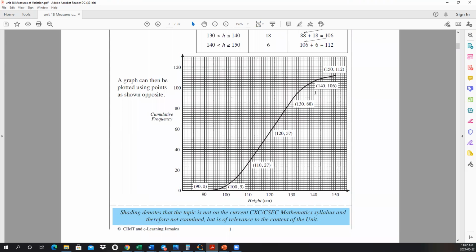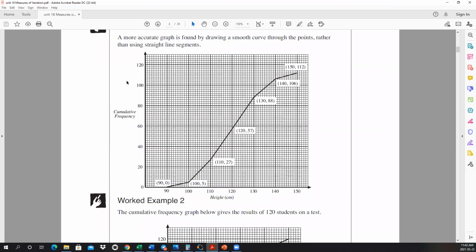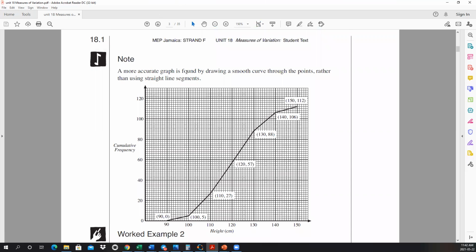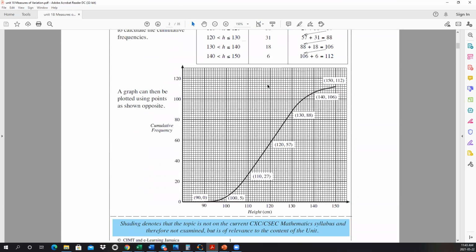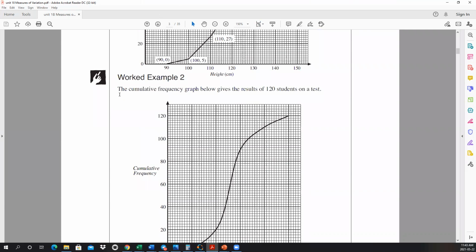This to me is a smooth curve, and this to me is a straight line. So I say a more accurate graph is formed by drawing a smooth curve through the points rather than using straight line segments. And they have this. So I guess this would be the straight line segments, and the one above is a smooth curve.